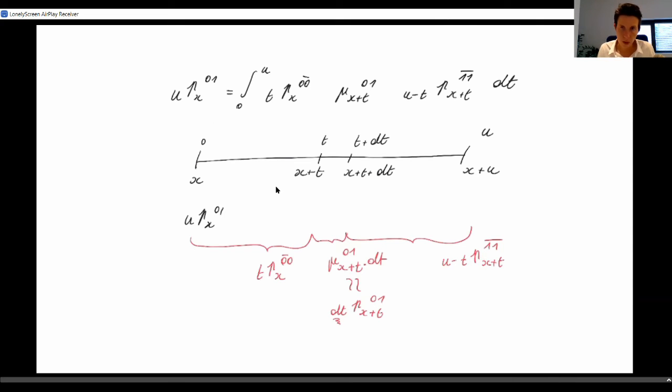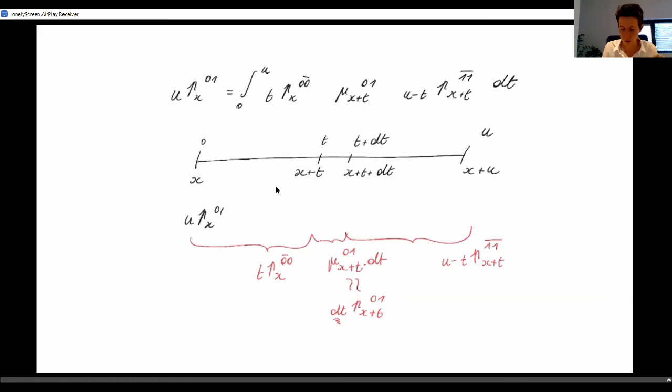Now, of course, and that's very important to emphasize, this is a very elegant expression, but it's only valid if you cannot go back, in this case, from state 1, for instance, to state 0 and come back to state 1.